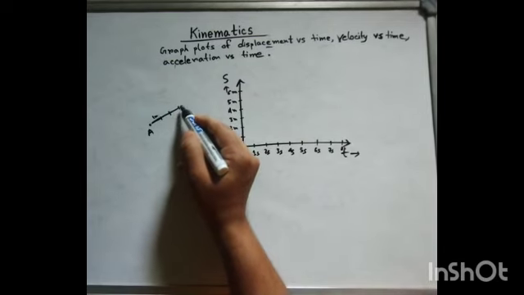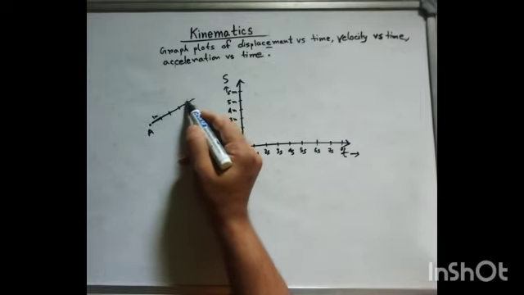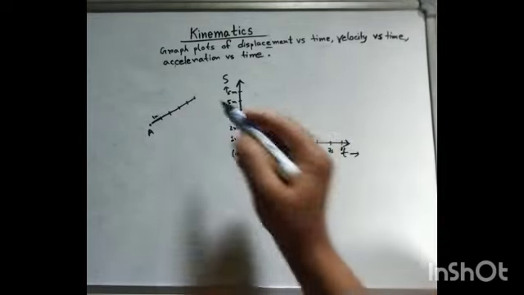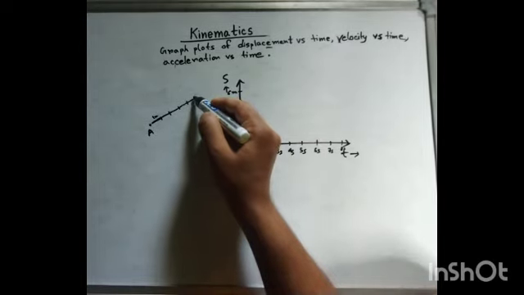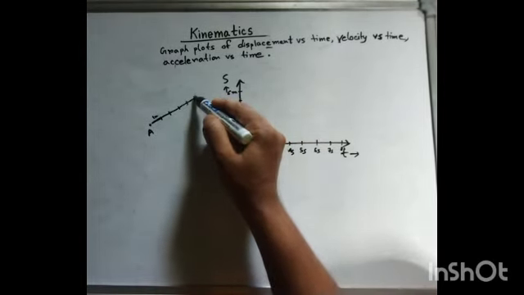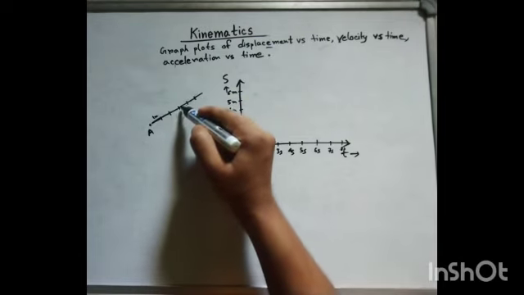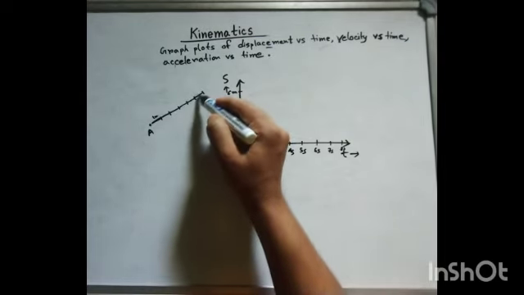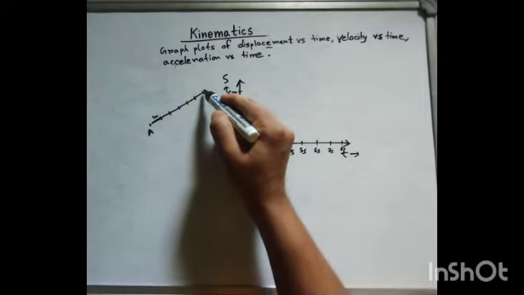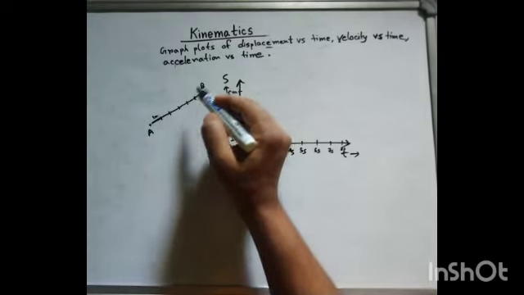So after 3 seconds I move 3 meters, after 4 seconds I move 4 meters, and so on. And suppose in 6 seconds in this way I moved 6 meters and reached point B.